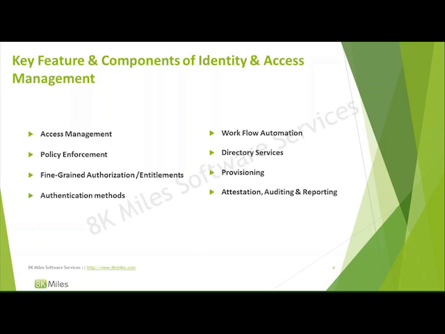Then the second piece, the workflow automation part, is a critical piece of the lifecycle management of identity management itself. The directory services is basically where the workflow activities, the events, the tasks, sometimes the identities themselves, and the status of these identities are stored.